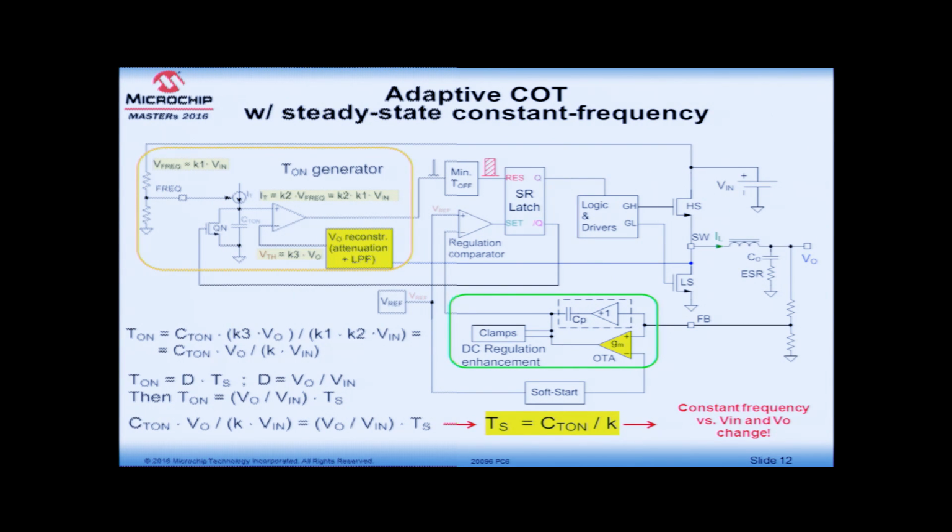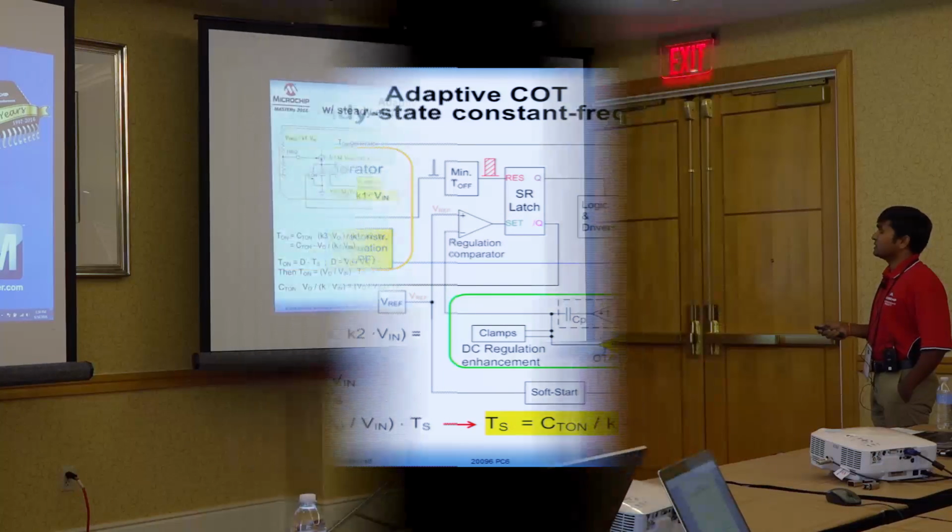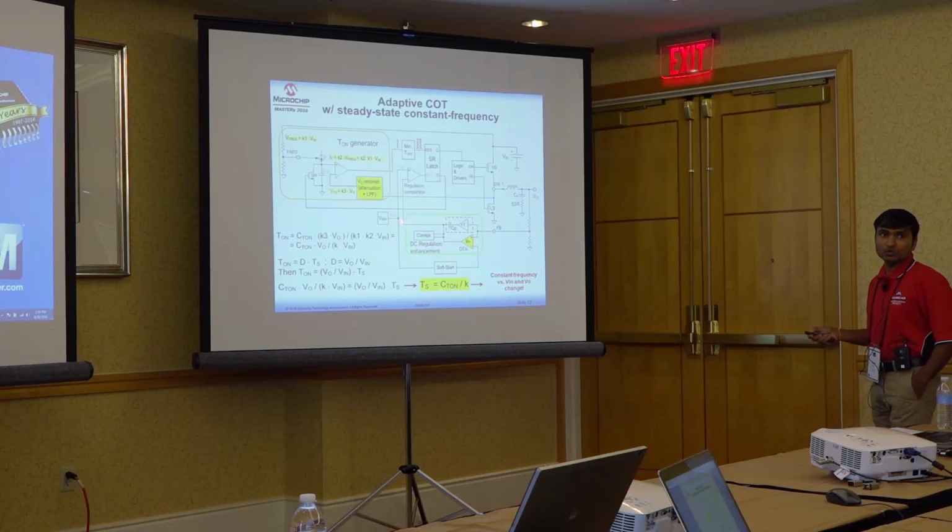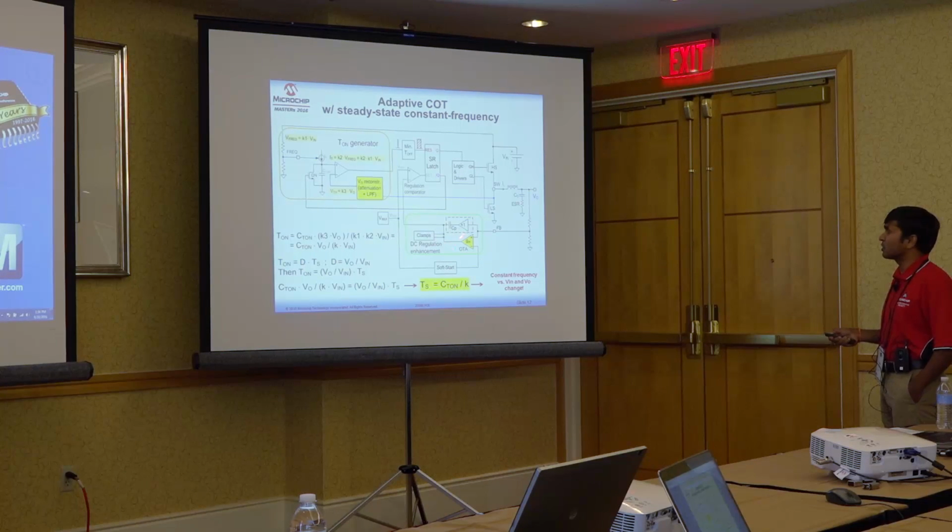The other modification we have made to the basic COT architecture to solve the DC regulation issue is adding the DC regulation enhancement block. This block contains an operational transconductance amplifier, a high gain transconductance amplifier with a unity buffer bypass filter. Basically, it is an active low pass filter.